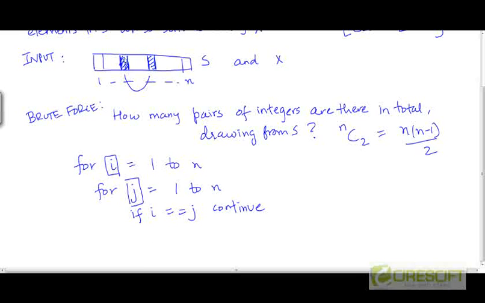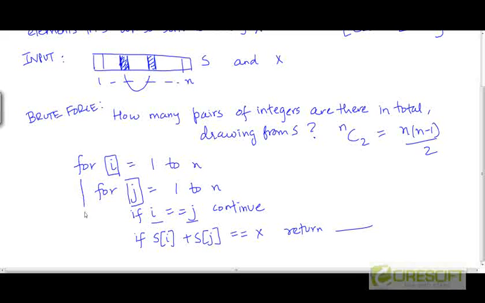So pairs where you are picking the same element twice are not to be considered. So assuming that i is not equal to j, if S of i plus S of j, if the two integers add up to x, then you can return true, or you can return what the values of these two integers are. You return some answer.